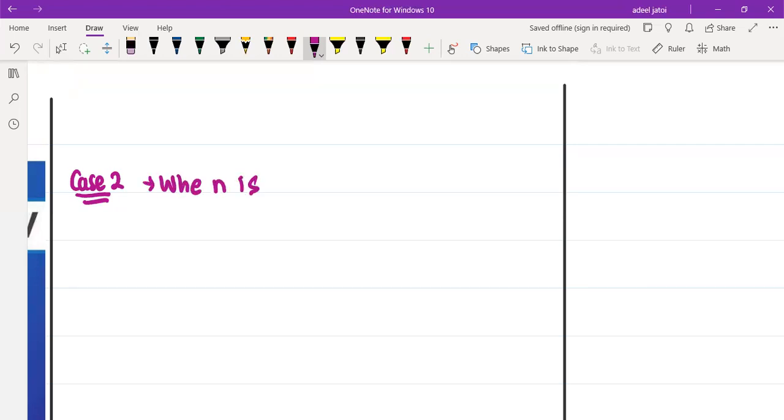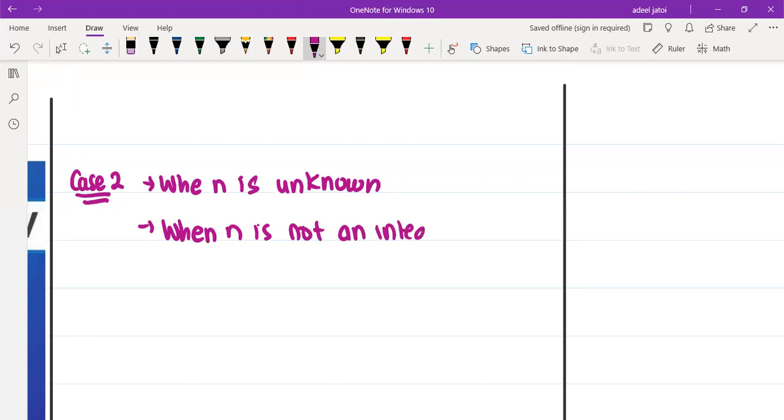n is unknown, when n is not an integer, when n is negative.